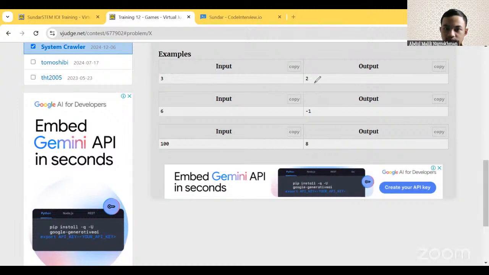For 3, he can divide into 2, which consists of 1 and 2, and then the opponent loses the game. Okay. And if n equals 6, the second player always has a strategy to win. That's why the first player cannot win the game. In that case, just output -1.